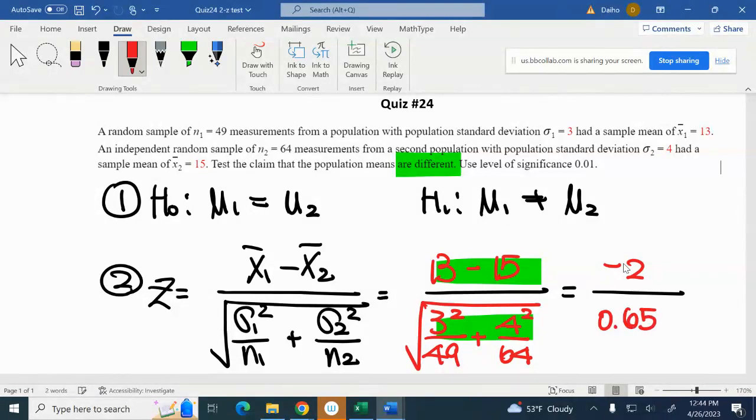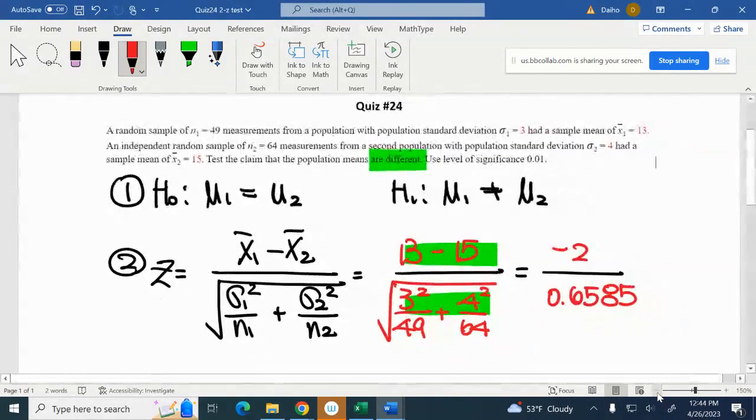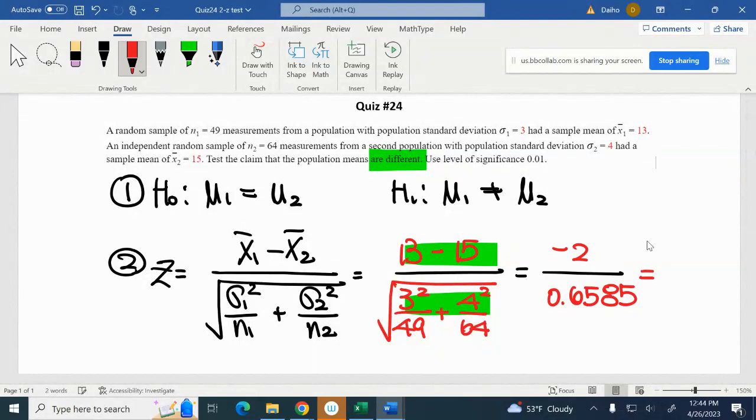Point 65, 85. Then it will be -3.04. Anybody who got -3.04? Negative? Yeah, thank you.